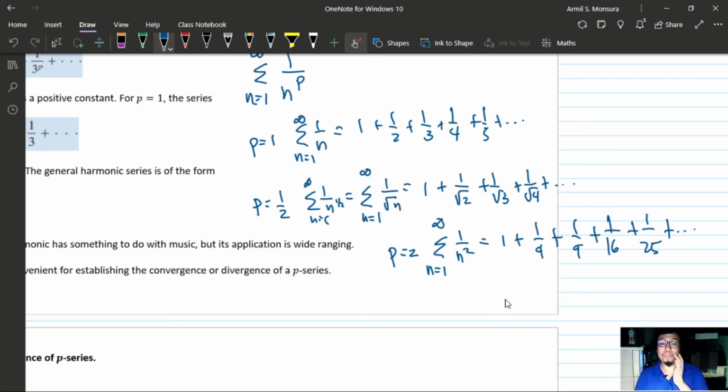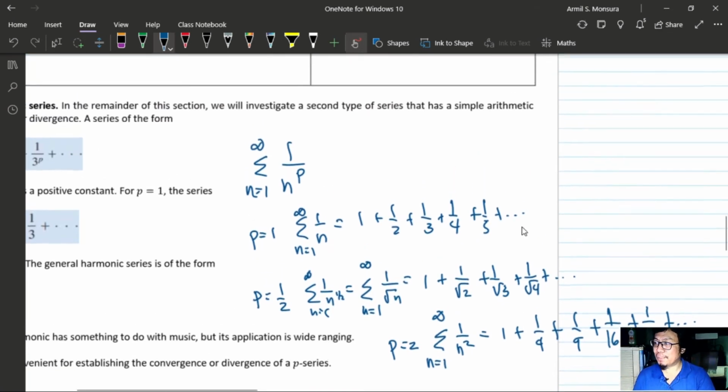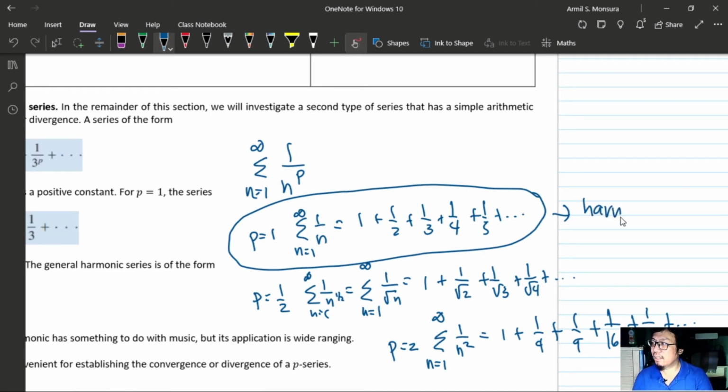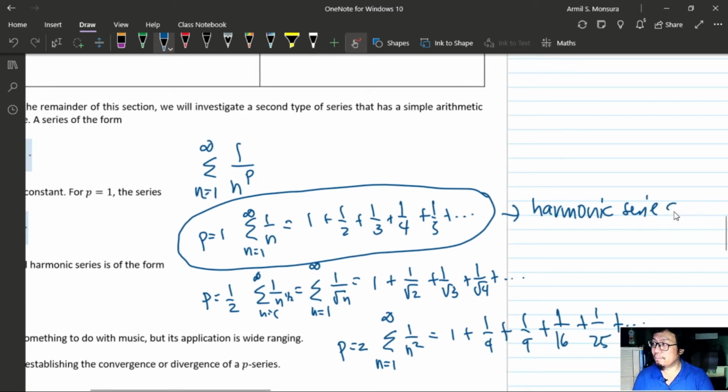Those are p-series. We have a special name for this one: when p is equal to 1, we call this the harmonic series. The name harmonic series has something to do with sound, with vibration.